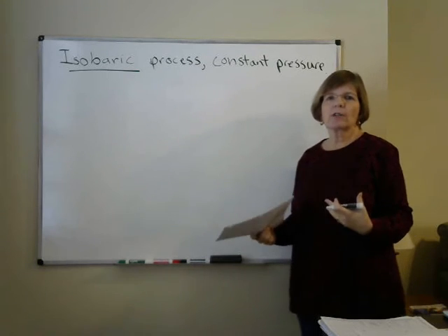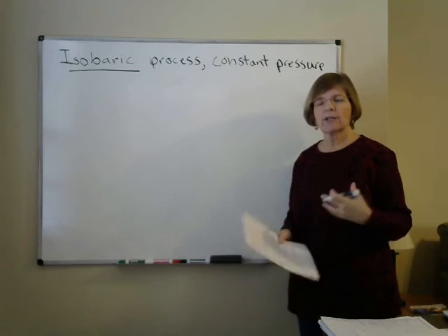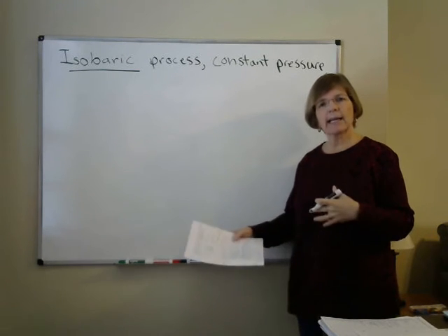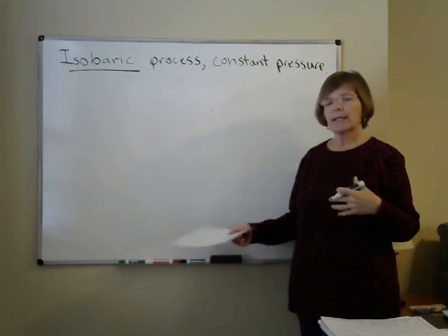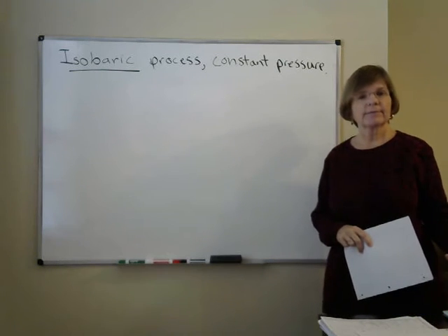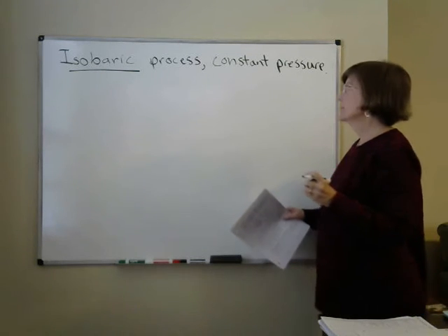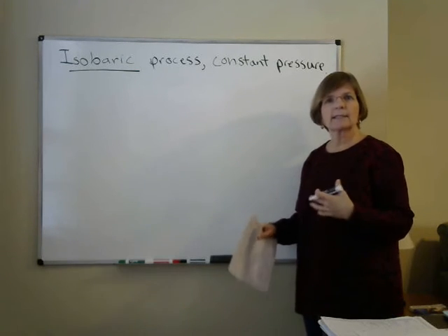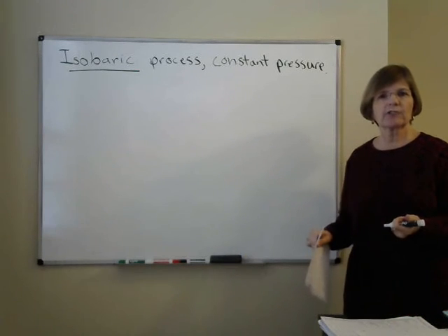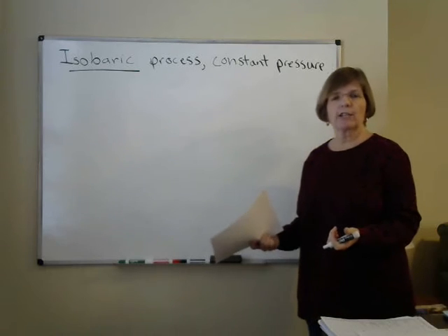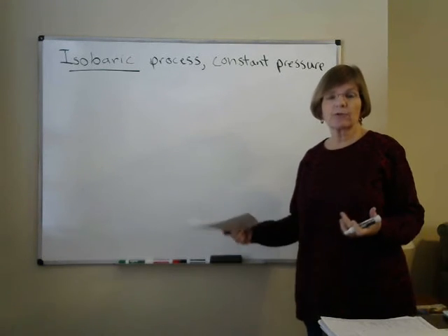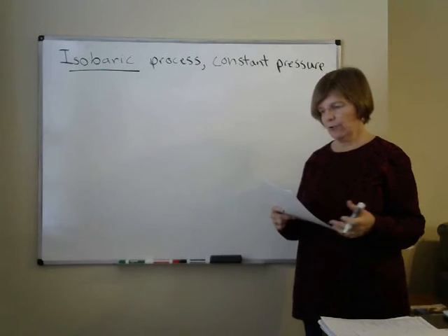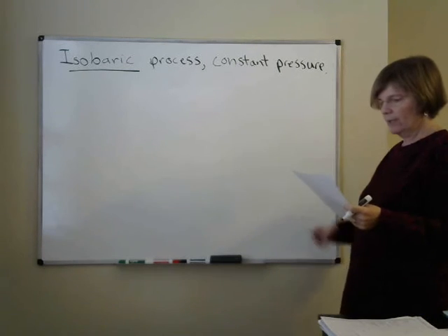So you all know that in an ideal gas, you have that relationship between pressure, volume, and temperature. In fact, the ideal gas law, PV equals nRT. Okay. So when I say we have constant pressure in our gas, it's entirely possible that the volume is changing and that the temperature is changing. And if the volume changes, the temperature will probably have to change if we're going to maintain a constant pressure.